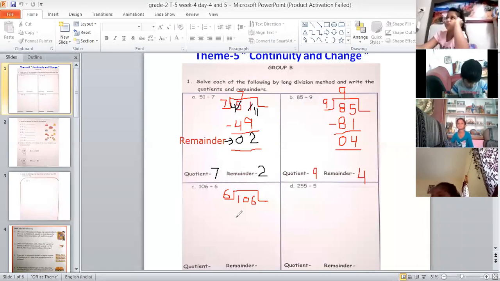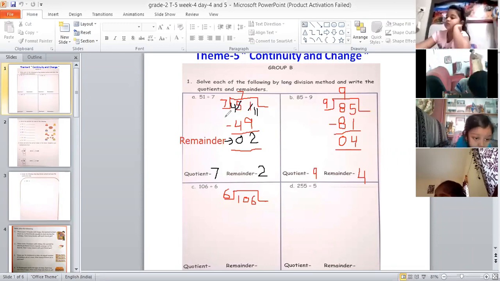See, Krishika, we won't get 1 in the 6 table, right? But if we take 1 and 0, it makes 10. So can we get 10 in the 6 table? No, ma'am. Okay, fine. We cannot get 10 in the 6 table.